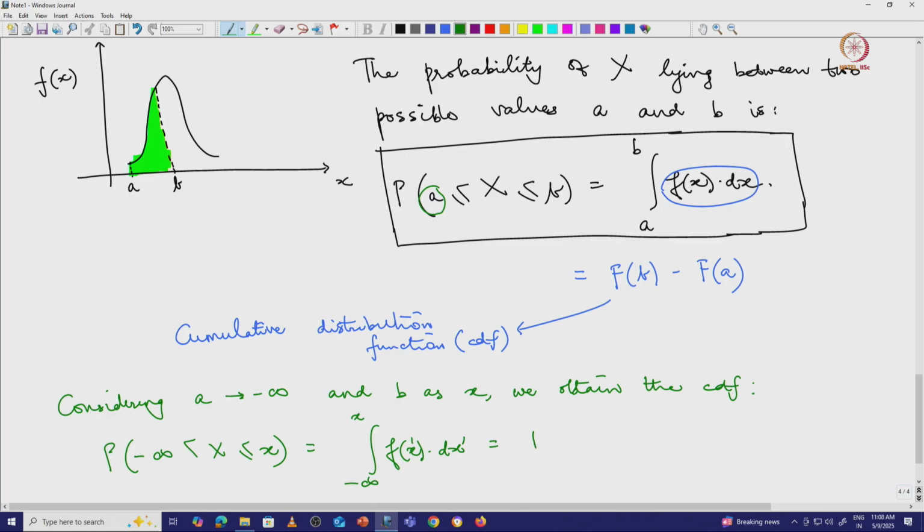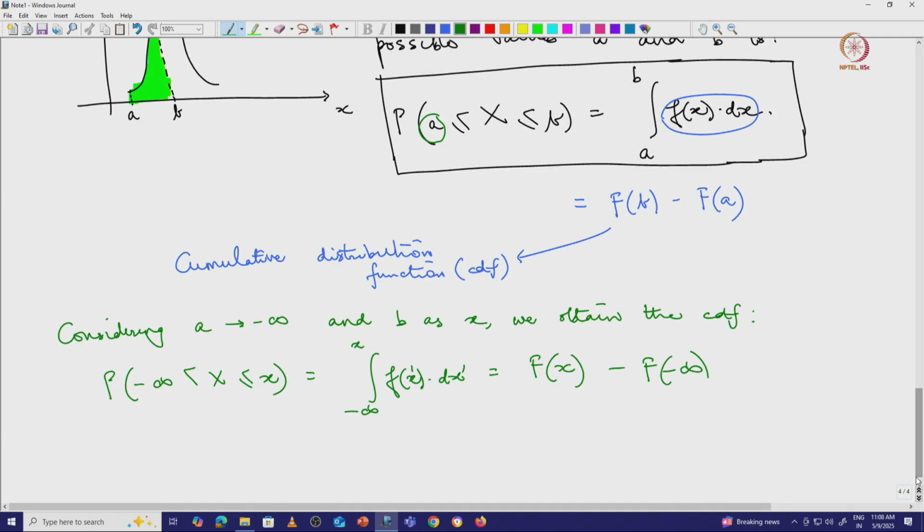This is F of x minus F of minus infinity, and this is equal to 0, because there is no possible value of x below minus infinity.